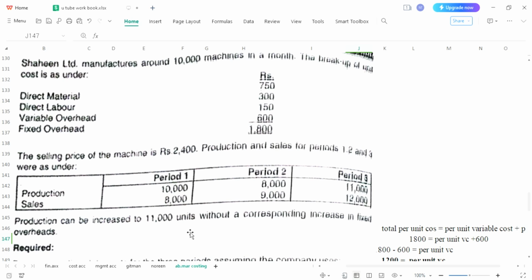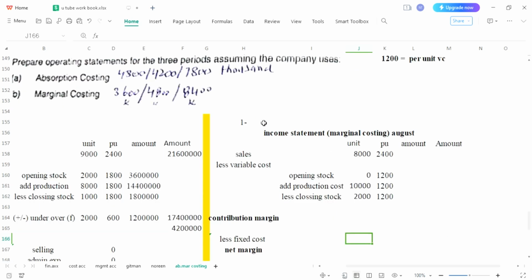No matter if you are producing 10,000 or 8,000 or 11,000, it would be fixed. If for 10,000 units fixed cost was 600 per unit, the same will be used over here. For 10,000 units, cost is 600 per unit; total fixed cost, how will we calculate? Number of units multiplied by per unit. This is your fixed cost, and it will remain the same for more than 10,000 or less than 10,000.